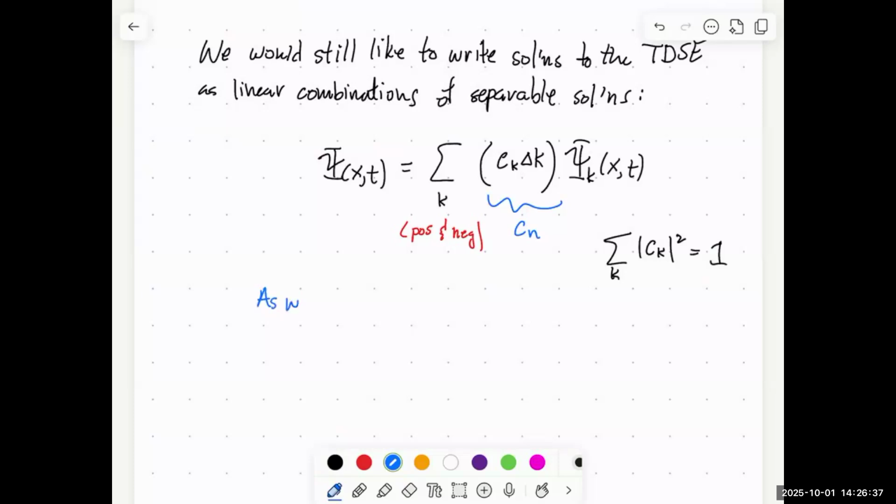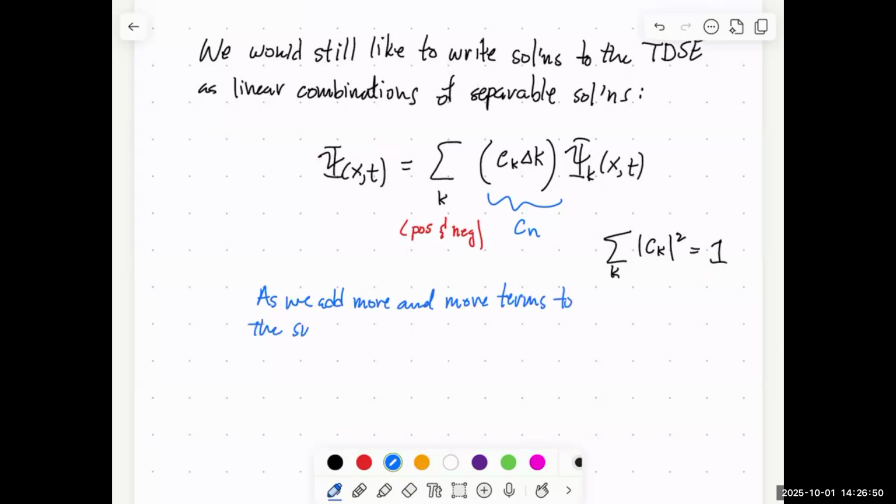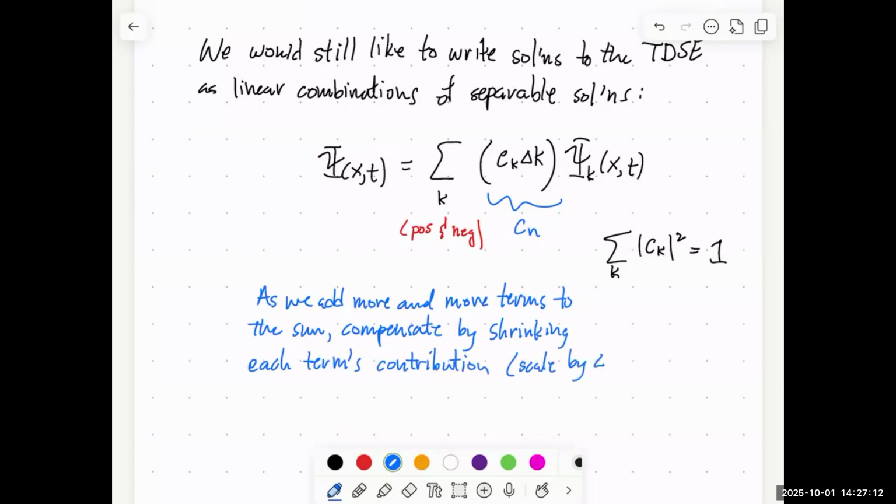As we add more and more terms to the sum, we compensate by shrinking each term's contribution. That is, we're going to scale by the delta k spacing.